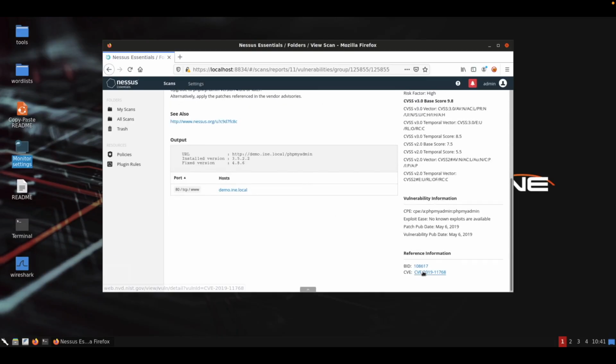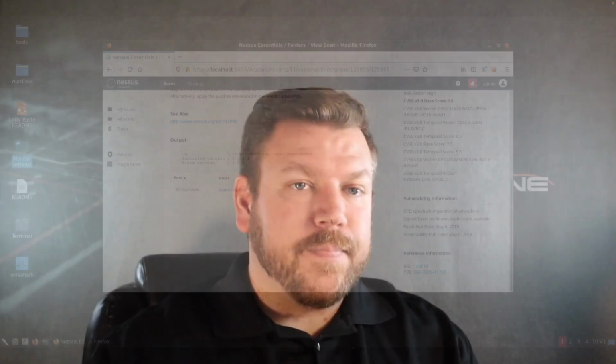And we can look down, and there is CVE-2019-11768. And this is from 2019 when that vulnerability came about.